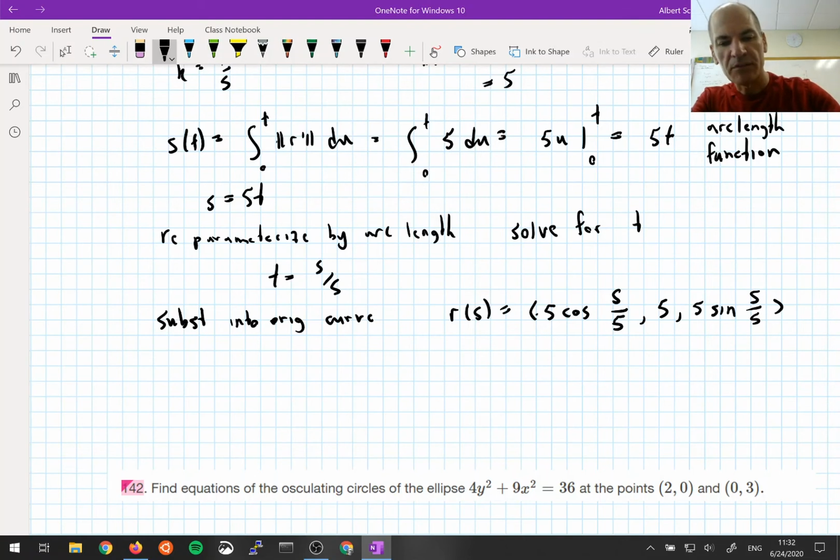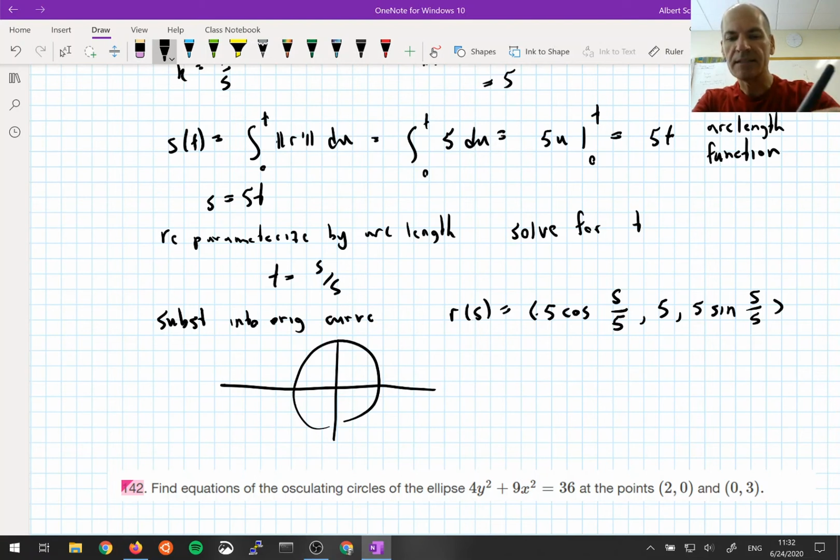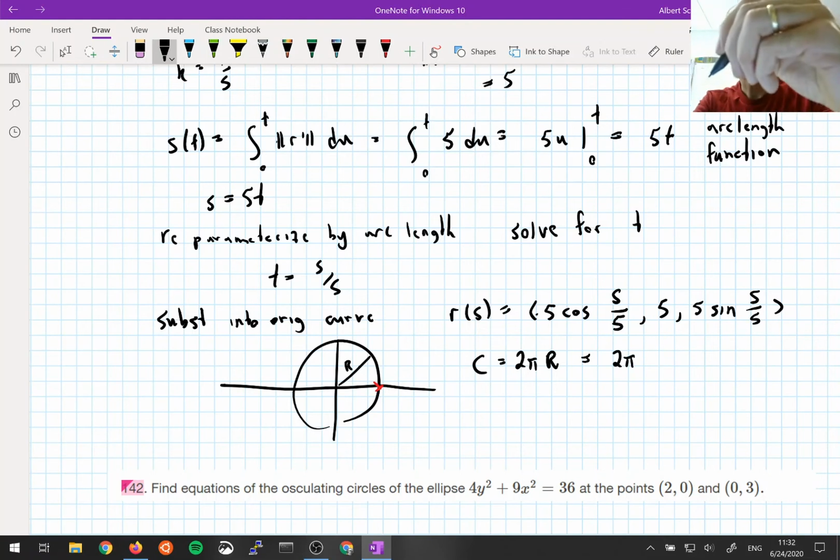So for example, if I'm sitting on the curve and I go a distance 0 from my starting point, here's my starting point, say right here, I'm not anywhere new. Now, what's the circumference of this circle? We know that the circumference is given by 2 pi R, not the r of our space curve, but the radius, capital R. So in this case, the circumference is 2 pi times 5, aka 10 pi.